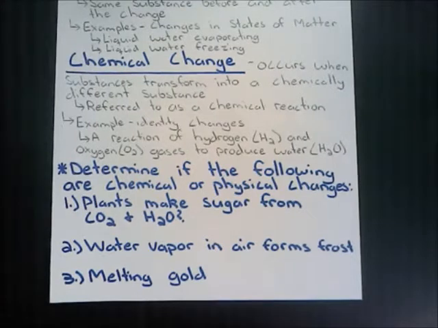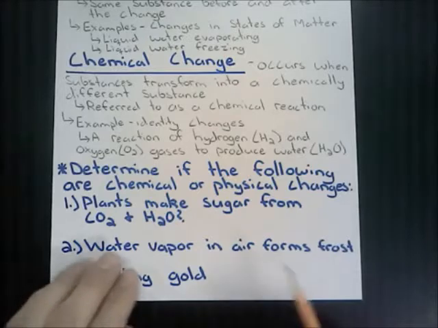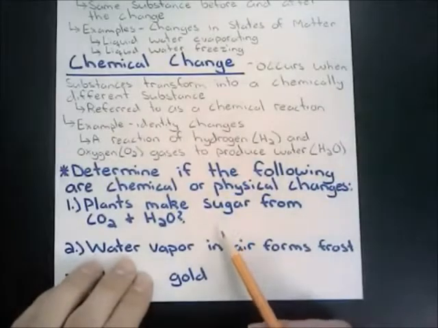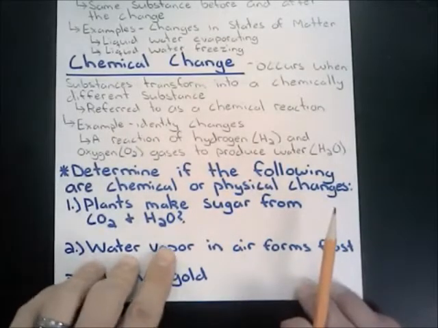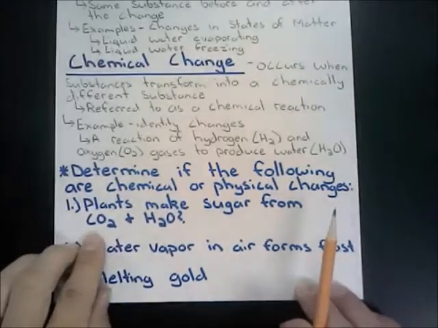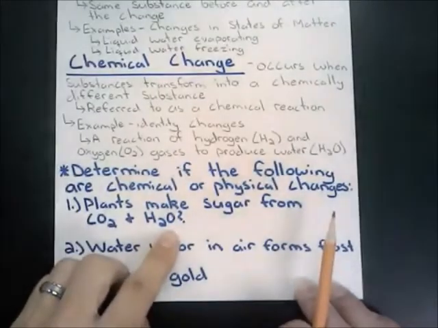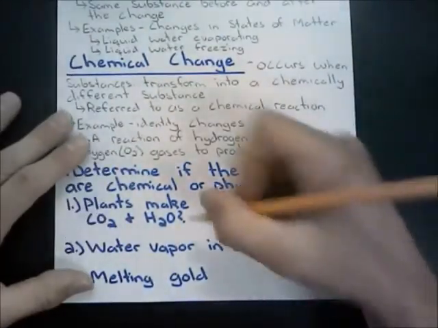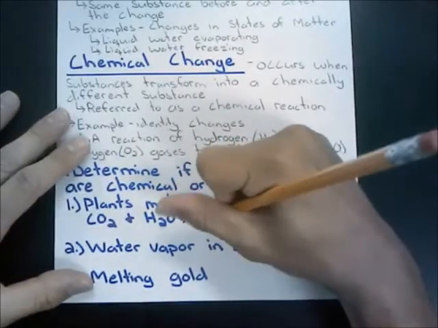In biology, they commonly call this process photosynthesis. Because sugar, C6H12O6, is a different substance than CO2 and H2O, we can classify this as a chemical change.